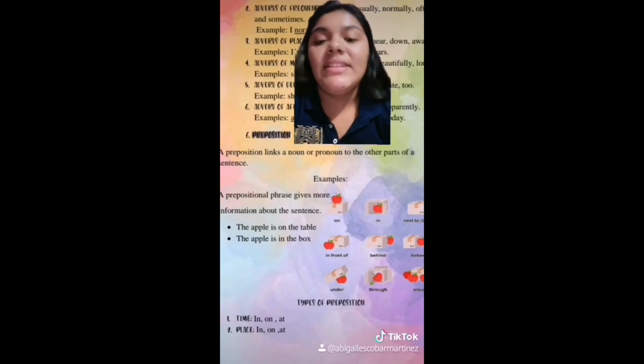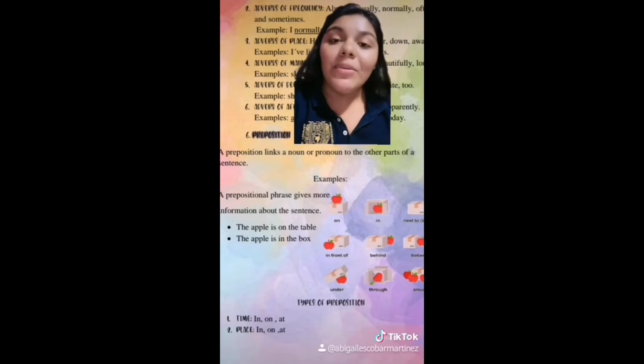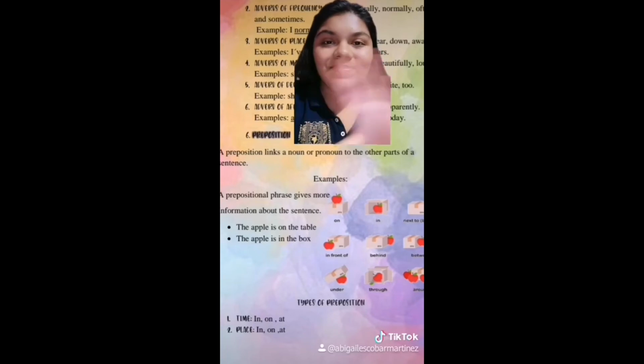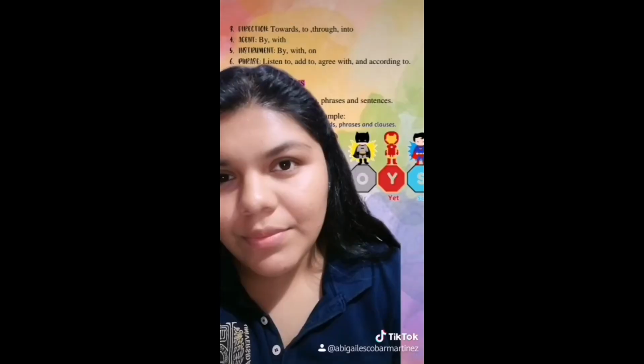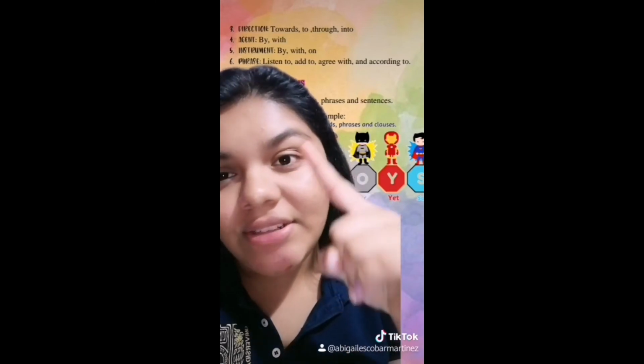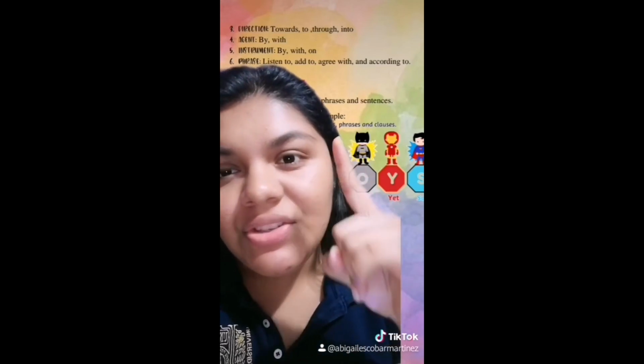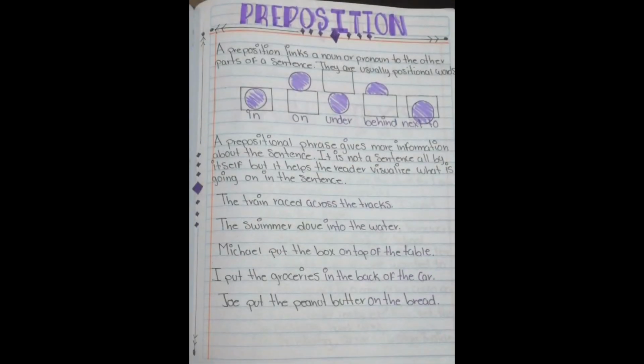In the first sentence we have, the apple is on the table, and in the second, the apple is on the box. There exist prepositions of time, place, direction, agent, instrument, and phrase. A prepositional phrase gives more information about the sentences.